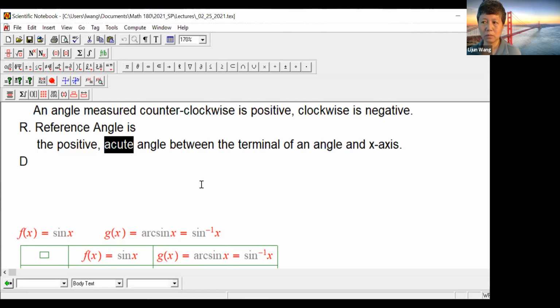Less than 90 degrees? That definition is incomplete. Even if you say less than 90, it could be a negative angle, right? Less than 90 would no longer be precise. It has to be between 0 and pi over 2, or 90 degrees. That's an acute angle, and it has to be positive, between the terminal of an angle and the x-axis. The third one is a definition. That's what I sent you.